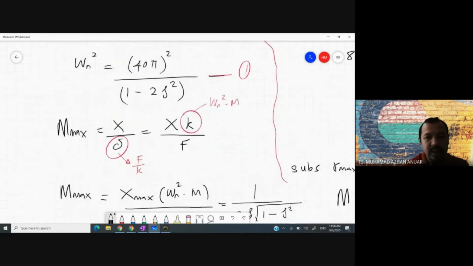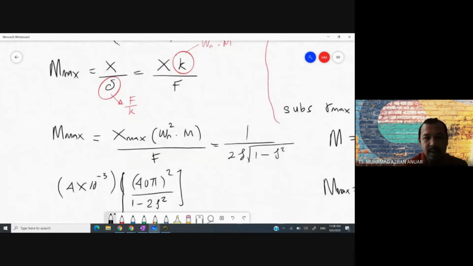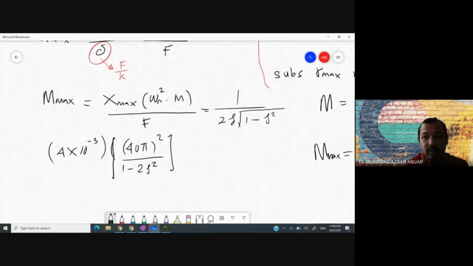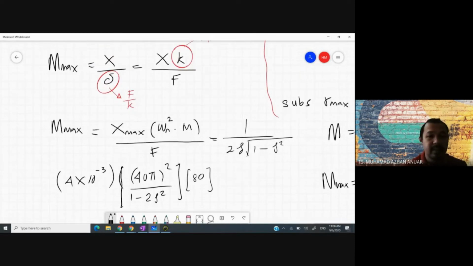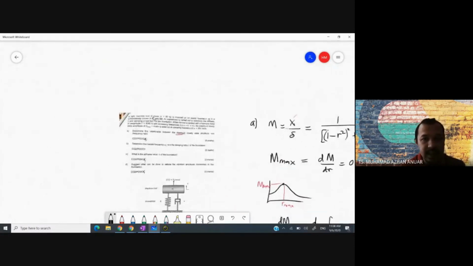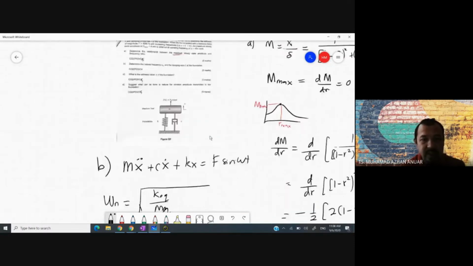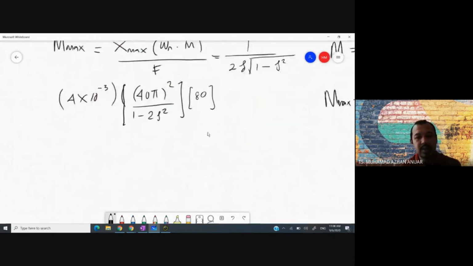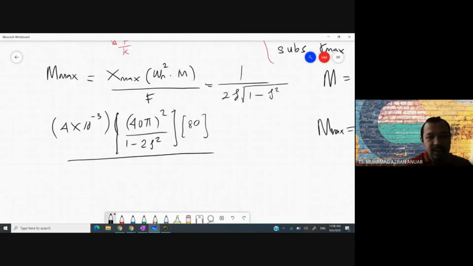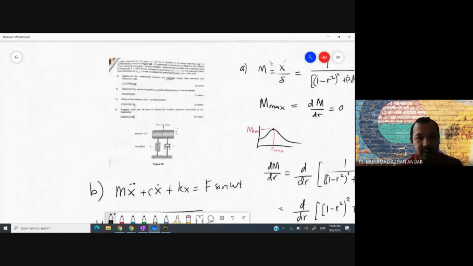And then we multiply by M, which in this case is 80 kilogram, given in this question. So multiply by 80, and then divide by F. What is F in this question? We know that F is 4,000 Newton.